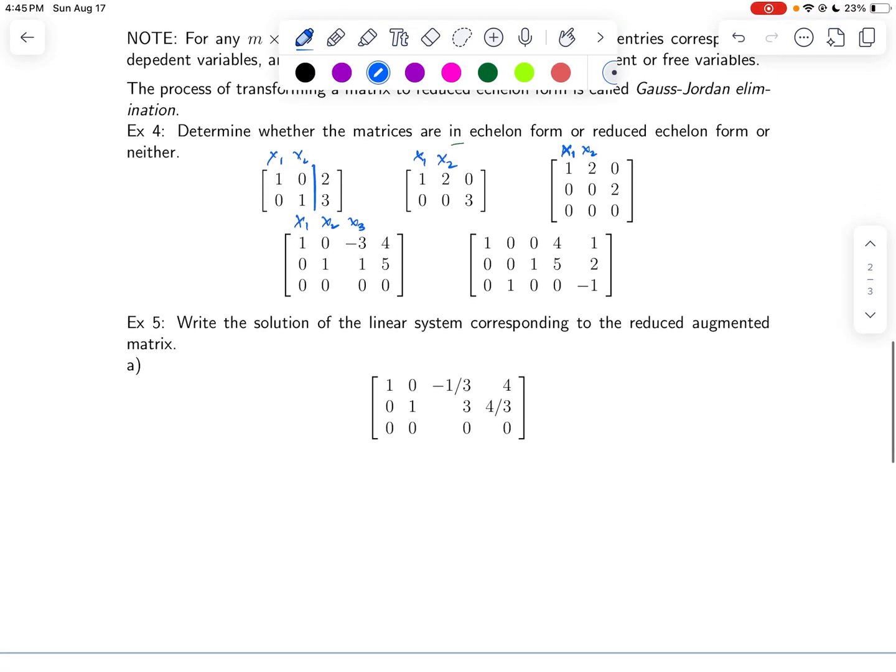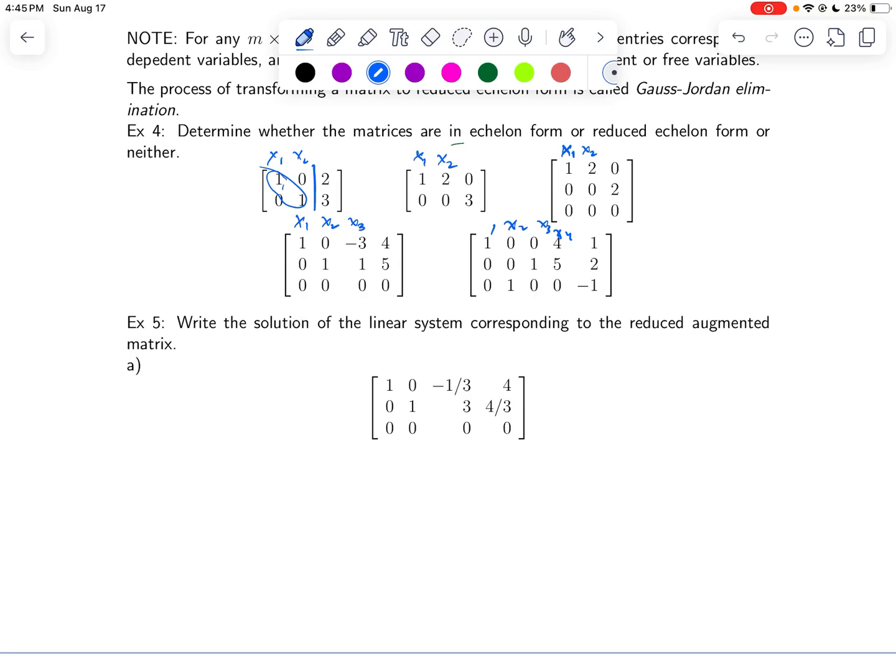Okay, so it says determine whether the matrices are in echelon form or reduced echelon form. So what do you think of the first one? Well, you can use the diagonal technique here. So you see the diagonal. Everything below the diagonal is 0, and everything above the diagonal is also 0.